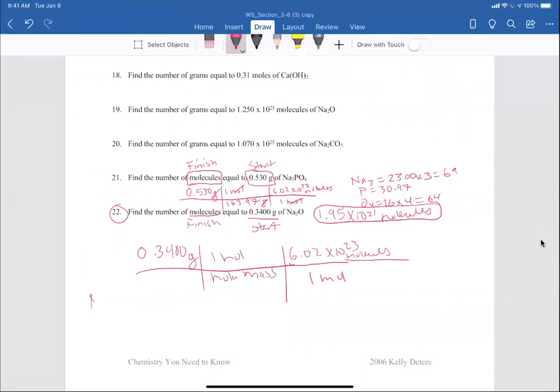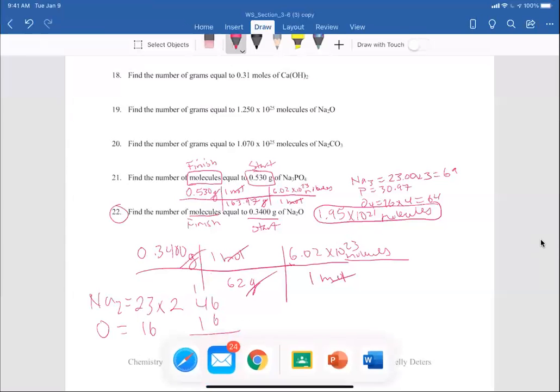So we are going to do Na2, and remember 1 Na is 23, so we're going to do times 2, and then an O, which is 16. 23 times 2 is 46. 46 plus 16 should give you 62. So our molar mass that we're writing down here is 62 grams. We're going to get rid of grams, get rid of moles.